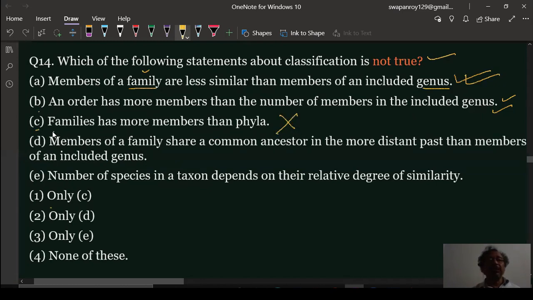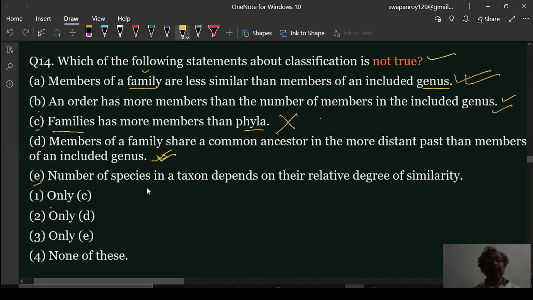Because family is lower than phyla. So in families, there will be fewer members. In phyla, there will be more members. D, members of a family share a common ancestor in a more distant past than members of an included genus. The lower the taxon, the more recently they have developed, and their history is also recent.